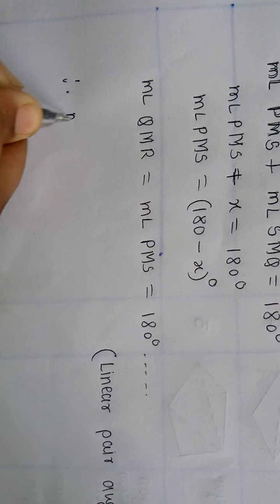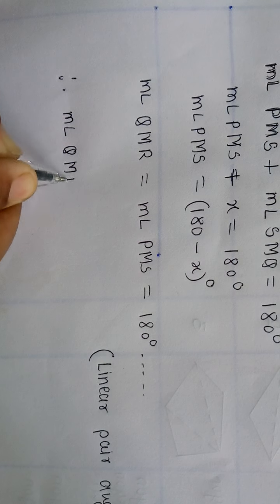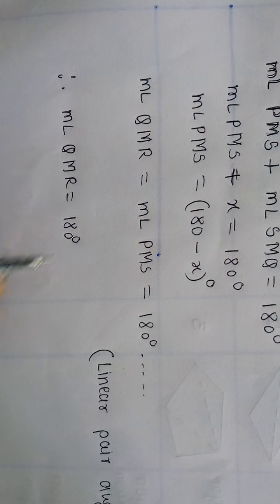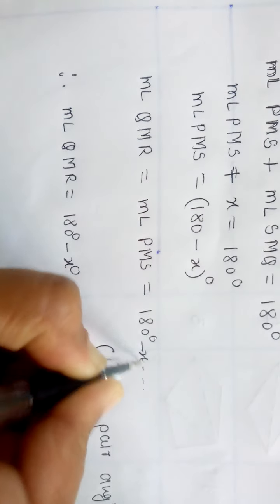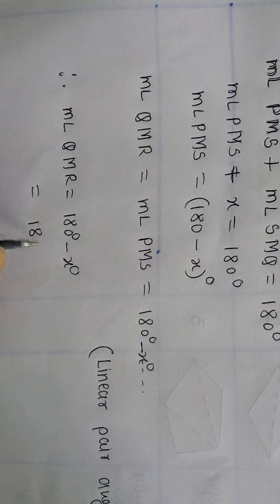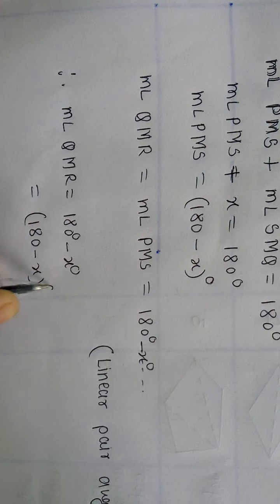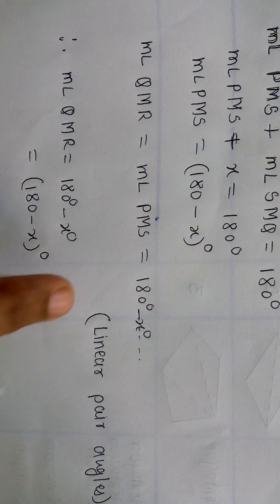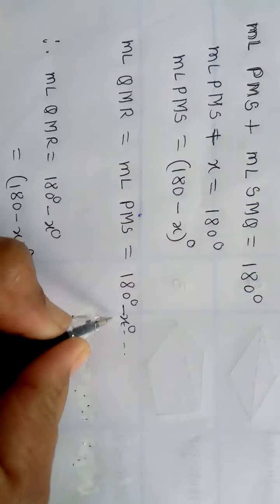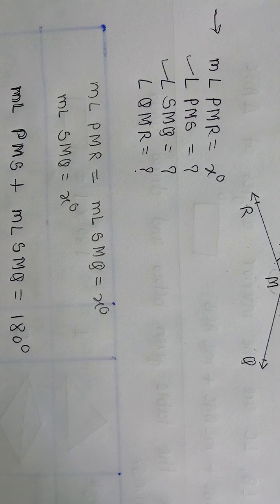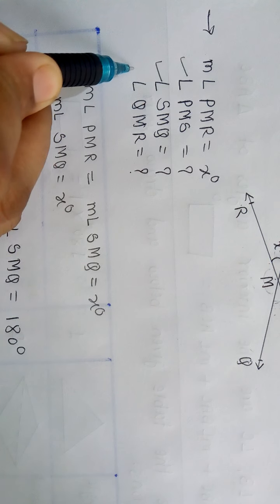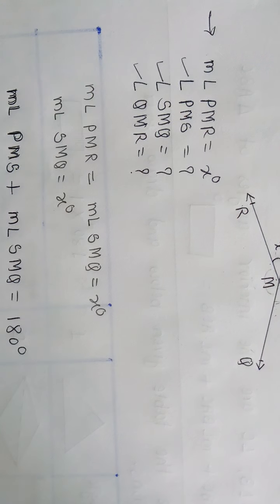Therefore, measure of angle QMR is equal to 180 degrees minus x degrees. Here also x degrees, and we can write it 180 minus x degrees. Here they are opposite angles. So write here opposite angles. Now we got all these three angles. QMR is equal to 180 minus x degrees. Bye bye. Have a nice day.